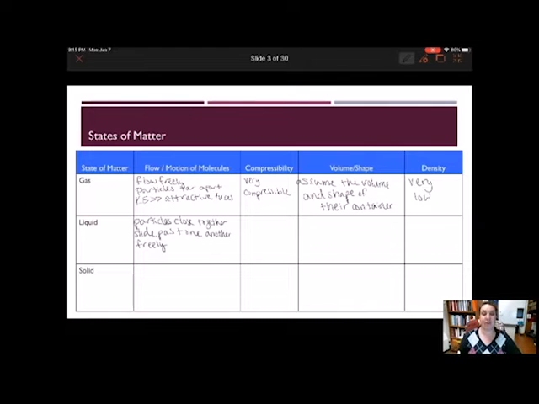We would say that these particles have strong attractive forces, and the attractive forces are a little bit greater than their kinetic energy. They still have a high kinetic energy, but a greater attractive force versus kinetic energy.